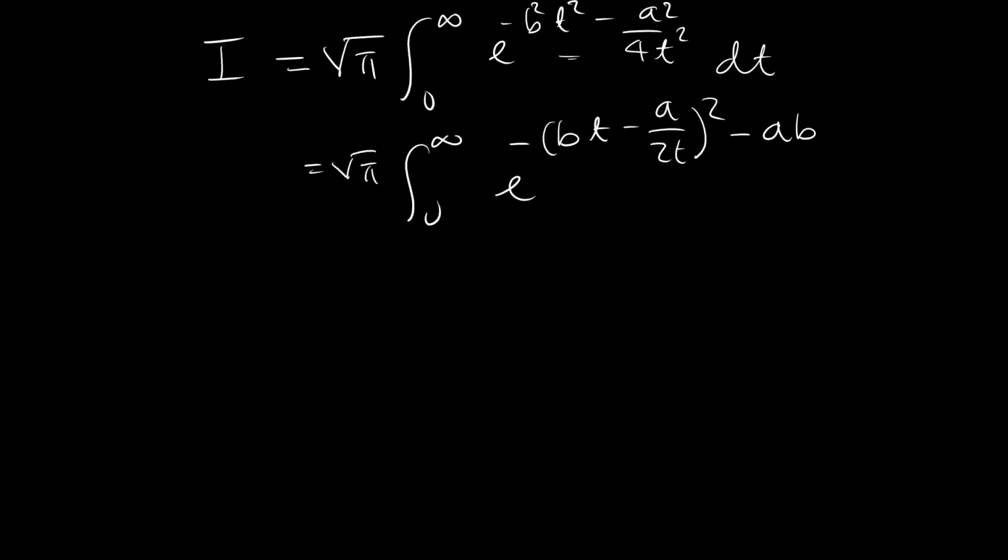But now what about the cross terms? bt times a over 2t, twice of that, which we are now accounting for there.